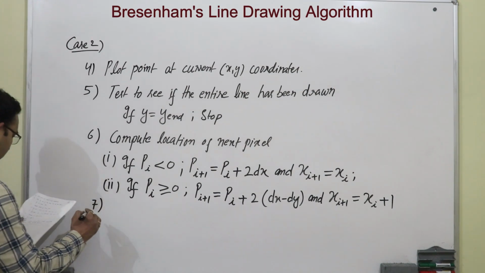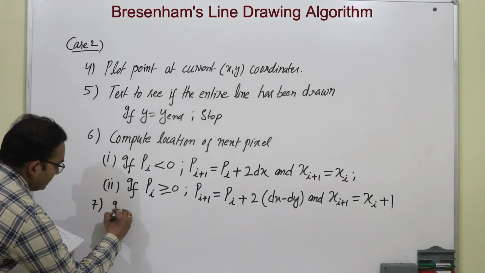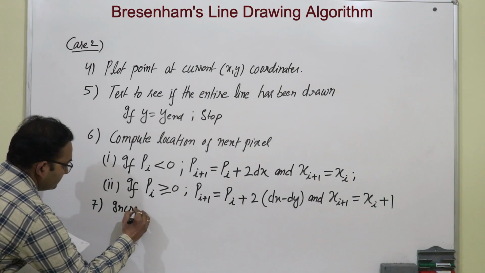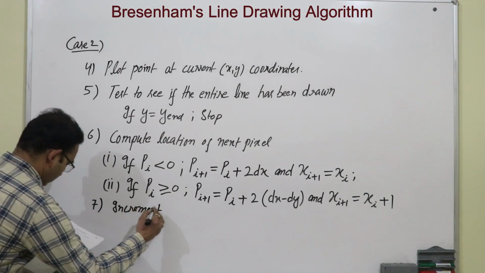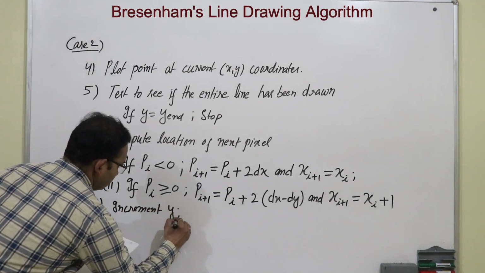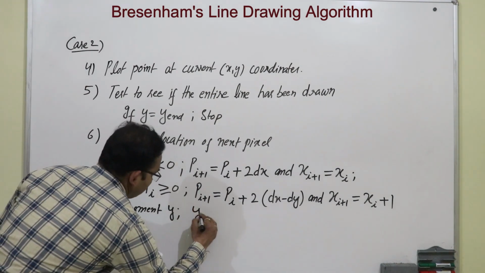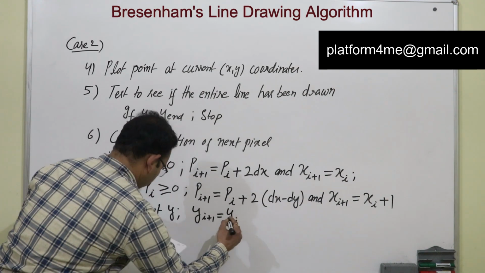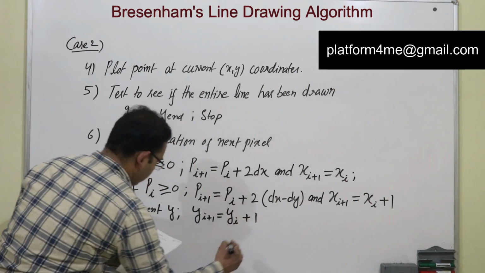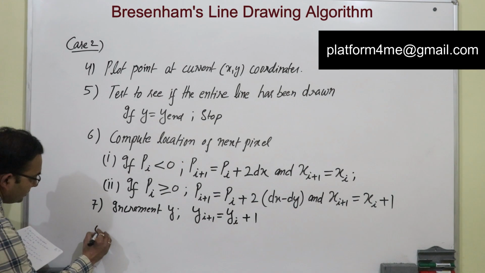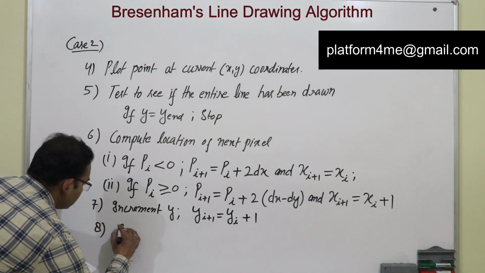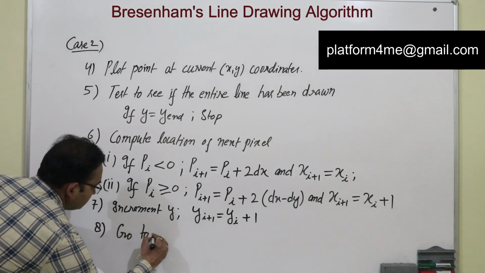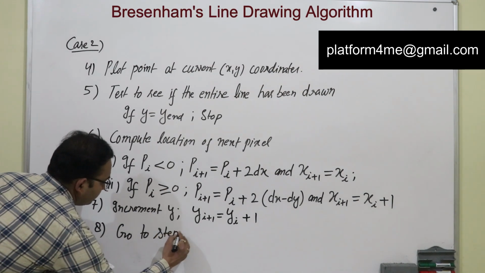Point 7, increment y, yi plus 1 equal to yi plus 1. Point 8, go to step 4.